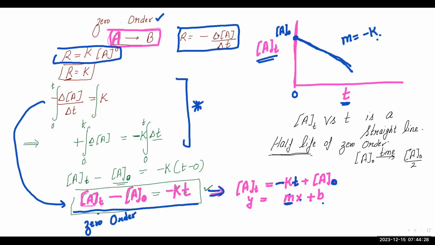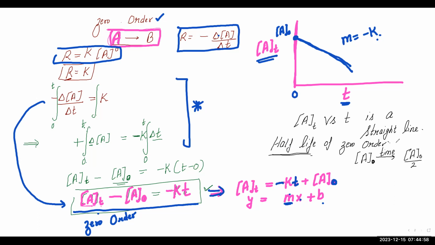The time needed to decrease the initial concentration to exactly half of it. Whatever time taken, that is the half-life of the reaction. See, Anil is also writing the same thing. So if I started with A naught and the concentration left is now exactly half of that, then whatever time is taken is called the half-life of the reaction.